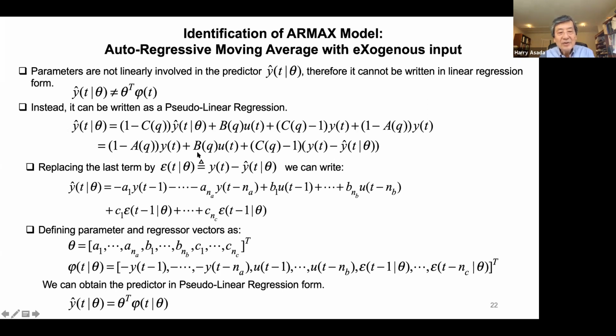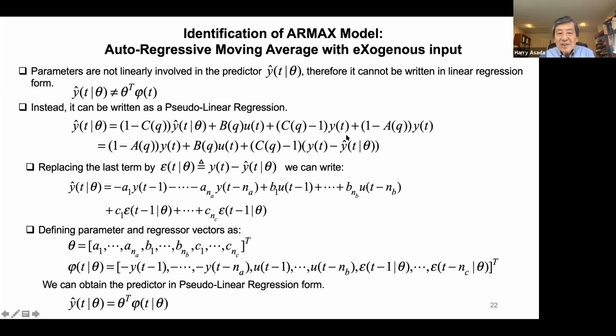And here, starting with B1 q minus 1 and then B2 q minus 2 times u, the B's are all linearly involved. And this term too: C(q) is monic, so C minus 1 starts with C1 q minus 1, C2 q minus 2. So the C's are also linearly involved.